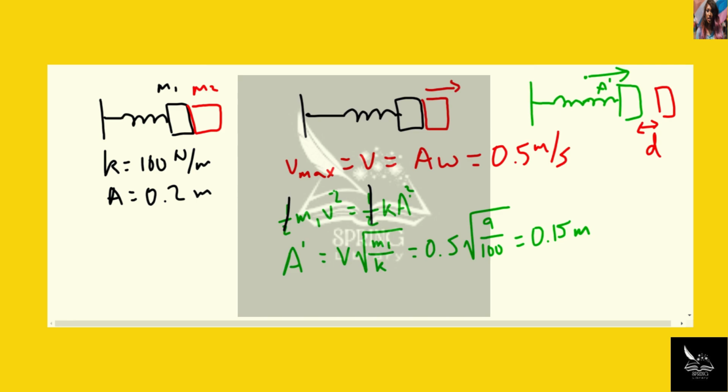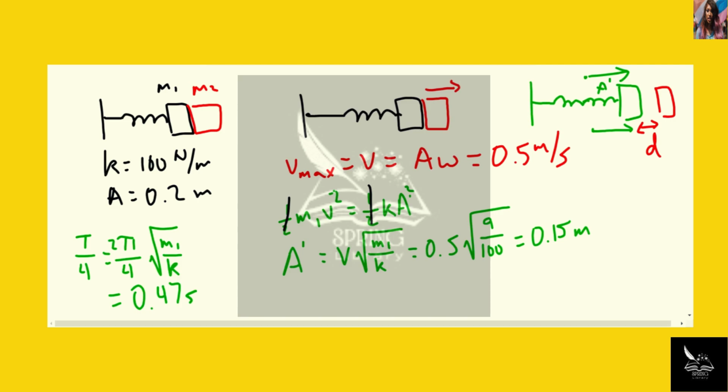And we need to know when that takes place. Now, to go from the equilibrium position here to full stretch is 1/4 of a period, right? So I'm going to take that 2 pi, divide by 4 in my period formula. And again, I'm talking about M1 and K. So if you do this, I find that it's about 0.47 seconds.